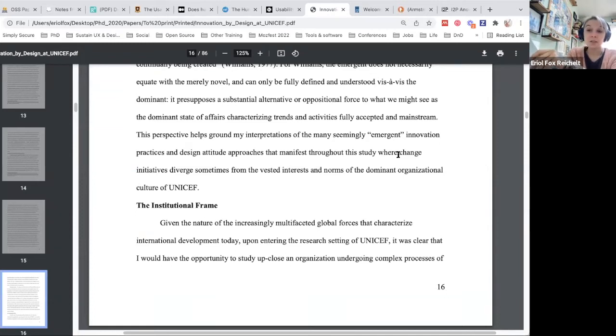Does that mean that innovation introduced through design or open source or both brings different ways of practicing what is done that go against the grain of this dominant culture?